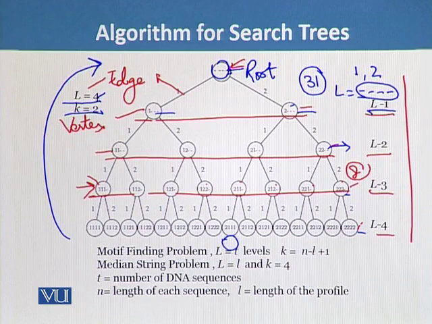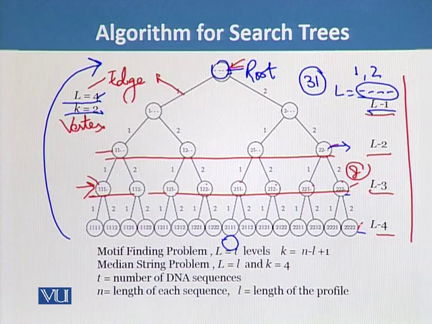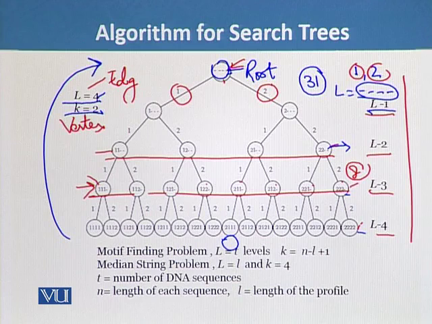If we look here, it starts from the root, and the only choices we have are 1 and 2. In the first level we have only 1 and 2. Then this level divides again into 1 and 2.